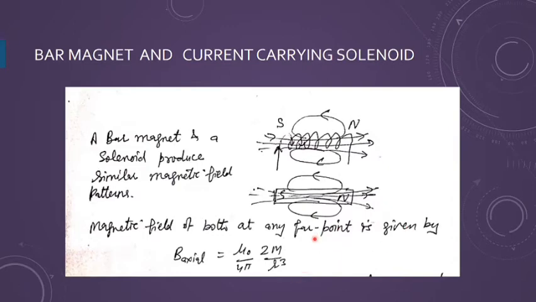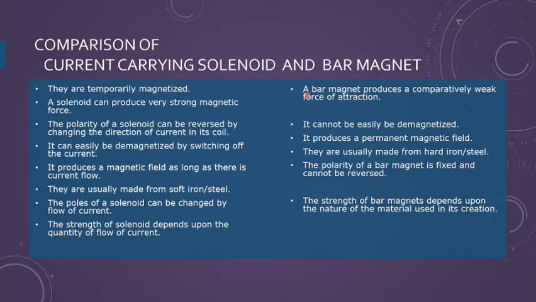So if you want, you can do the comparison; the points of similarities and points of differences between the current carrying solenoid and the bar magnet should be clear in your mind. The bar magnet we make artificially from alnico, as we have discussed, aluminum, nickel, cobalt. It is an alloy, but it produces comparatively weak force as compared to the solenoid.